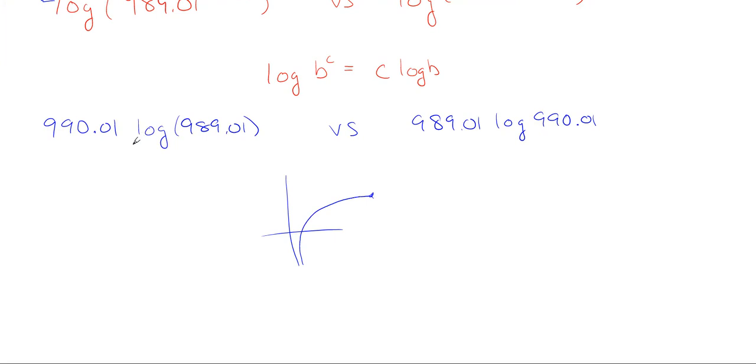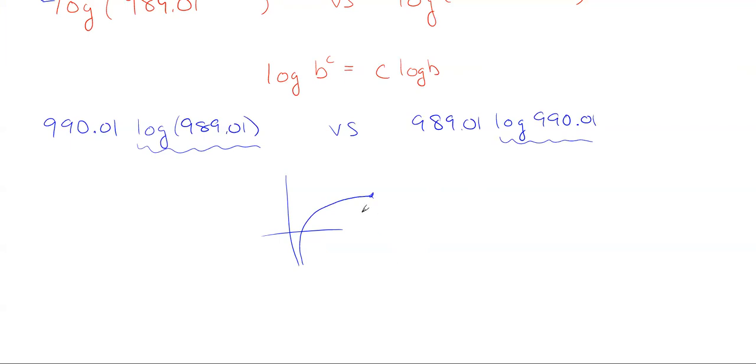So what that means is that the log of 989.01 is very, very close to the log of 990.01, relatively speaking. Of course, they're not exactly the same, but they're going to be very close in value.